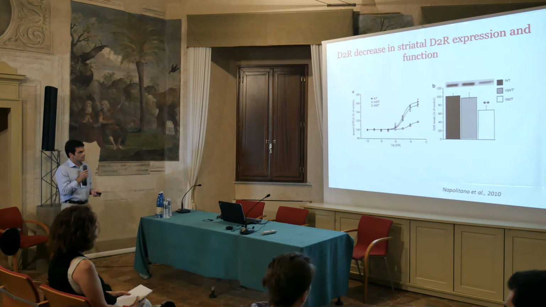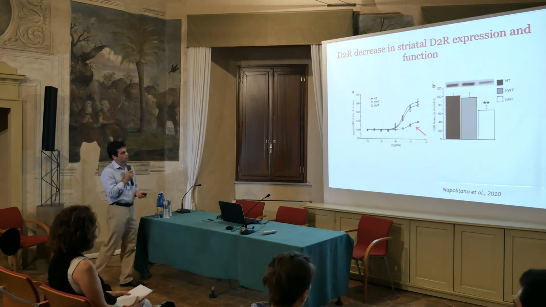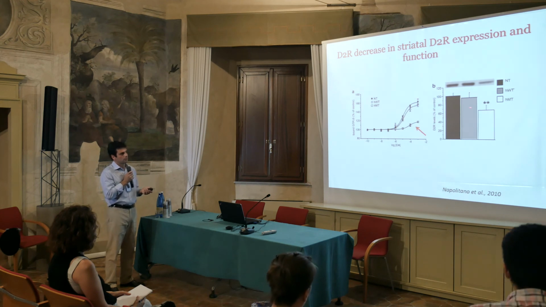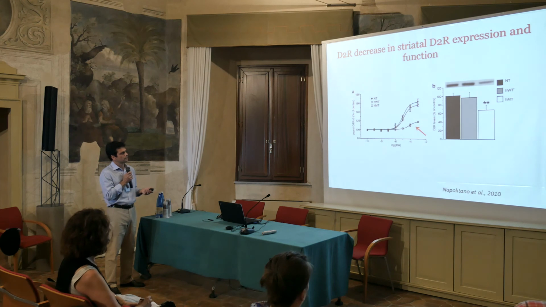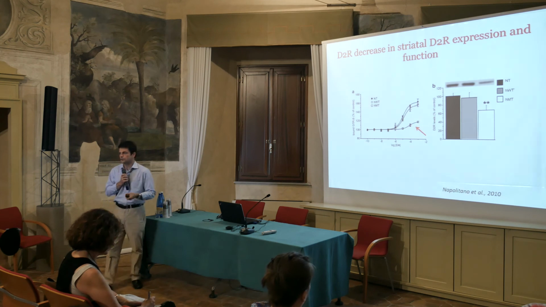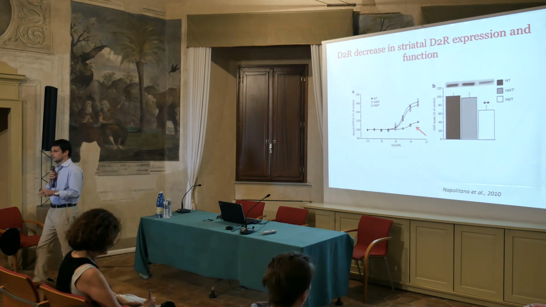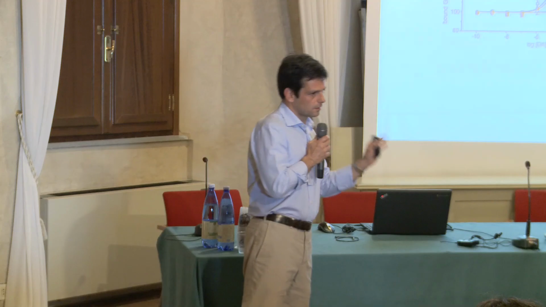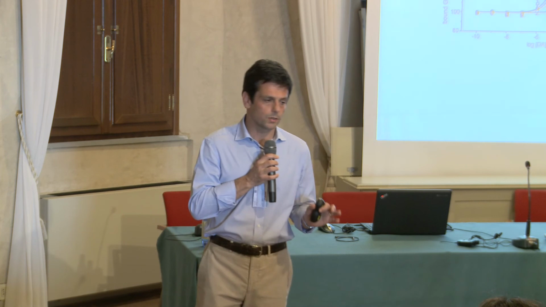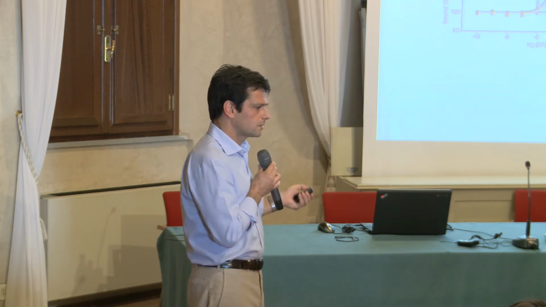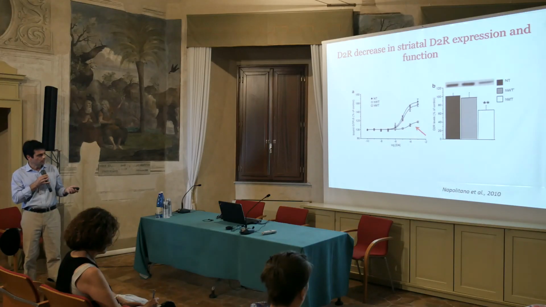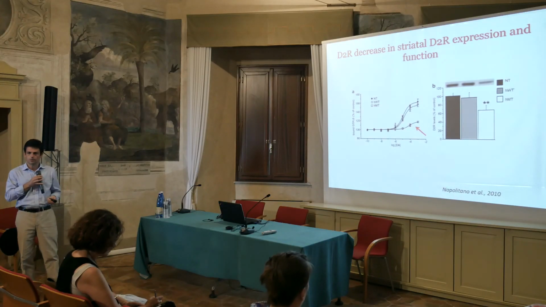And this was interestingly coupled to a reduced level of D2 and a reduced GTP gamma S activity, so you see the activity of G proteins was reduced in the striatum of these mice. So we have a functional impairment, which consists in this aberrant excitation, coupled, a bit strange, but anyway, with a decreased expression.